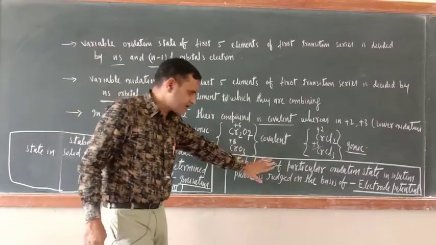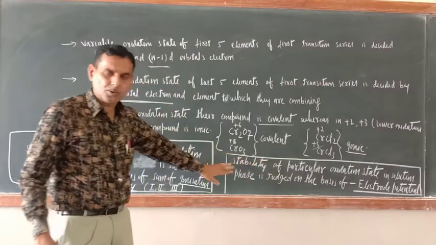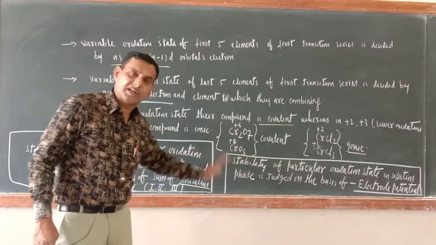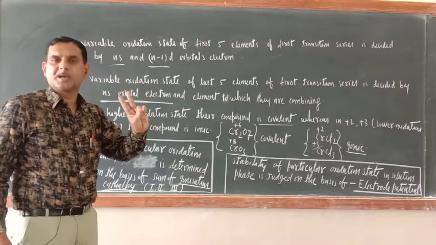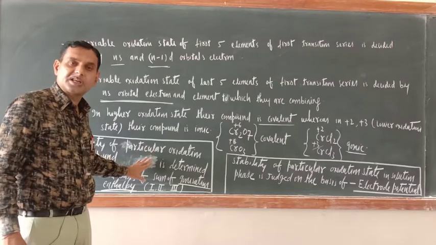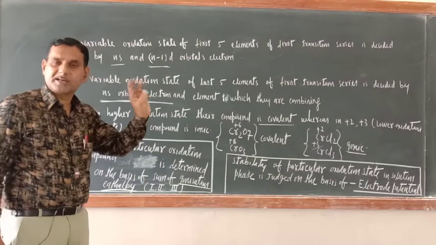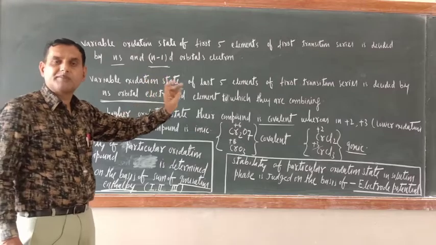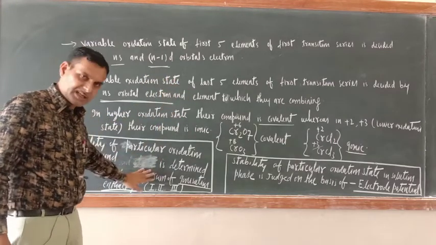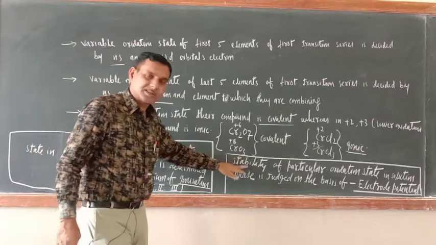Okay, this point is very important because there are so many things we have to explain on the basis of this factor only. So now two things should be clear. The stability of a particular oxidation state in solid state is judged on the basis of ionization enthalpy, electronic configuration and the elements to which they are combining. That is in solid state. What about in solution phase?